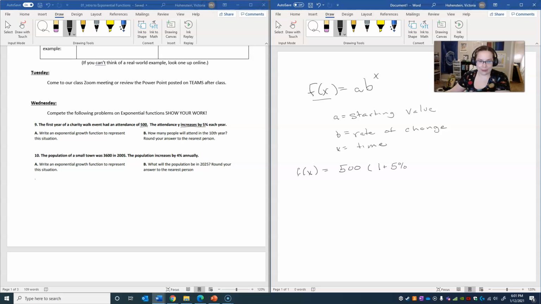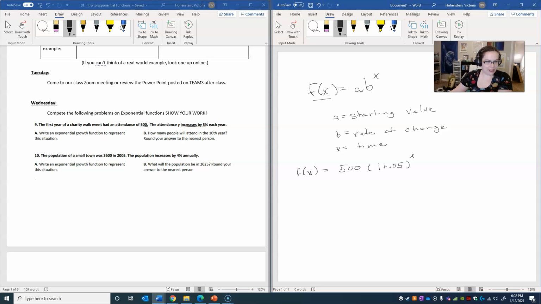Another way to write 5% would be 0.05. So let me actually erase it and write it as 0.05 because that'll make it easier to add. Remember, if you're not sure how to find the percent, take that and divide by 100. So 1 plus 0.05. And then x is going to be our variable, so we leave that.